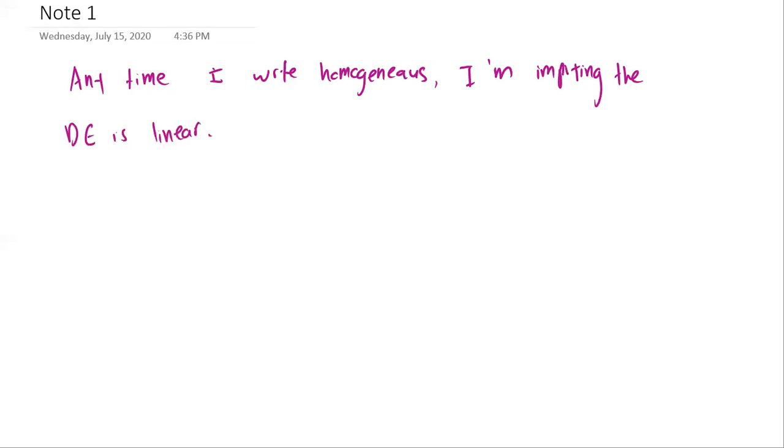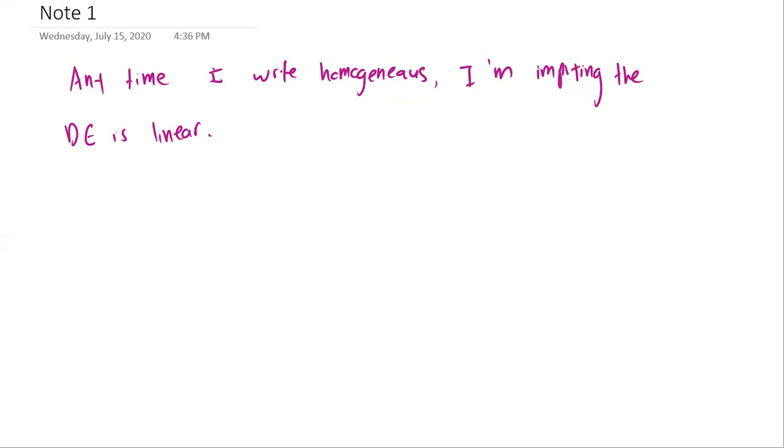So I could just say something like, we have this second order homogeneous differential equation, and then you have to immediately think, okay, that means linear. It's not necessarily the case in general. I don't know if they call equations equal to 0 homogeneous in the literature. They might. It might be that homogeneous is only reserved for linear differential equations like I'm going to do here.